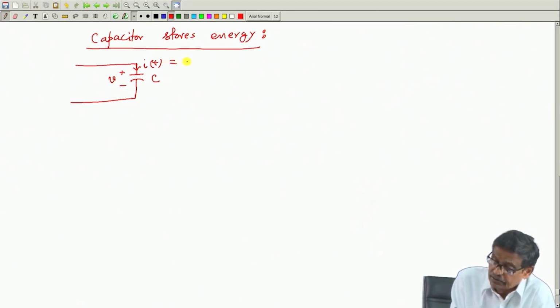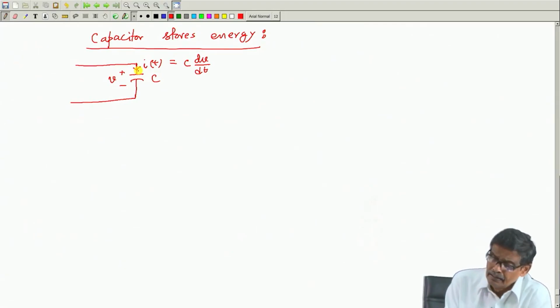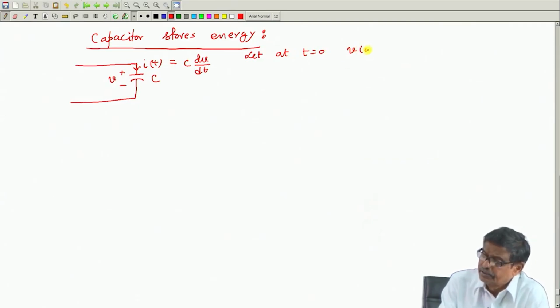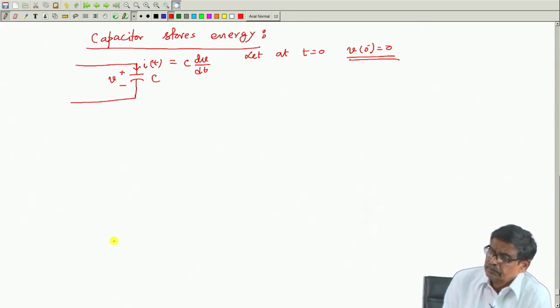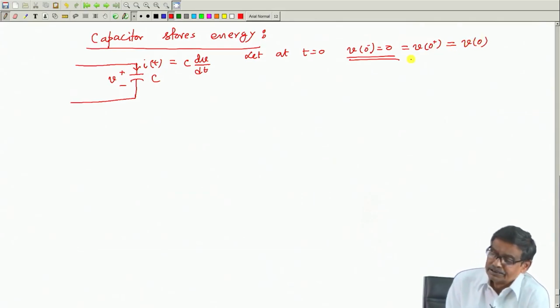So, i(t) is equal to C dV/dt, is it? Current through the capacitor is C dV/dt. Let at t equal to 0, V 0 minus was 0, there was no voltage across the capacitor. So, V 0 minus is equal to V 0 plus, that is fine, for all practical purposes V 0, voltage at t equal to 0.